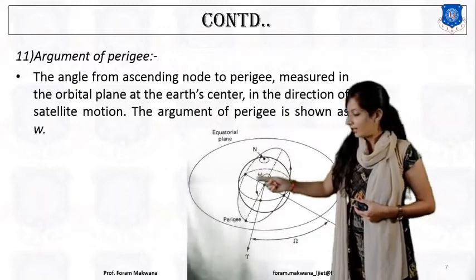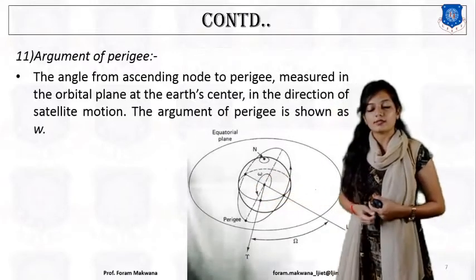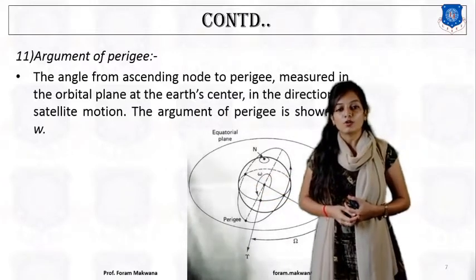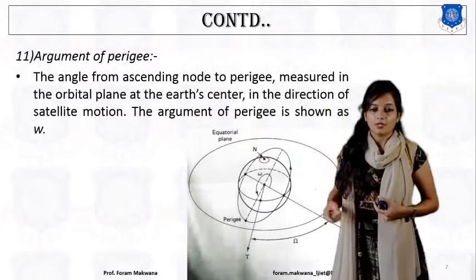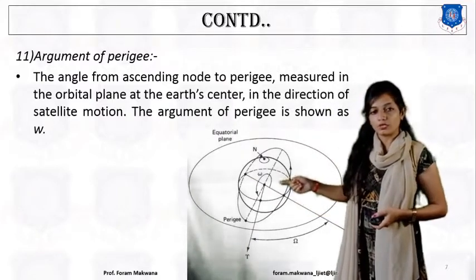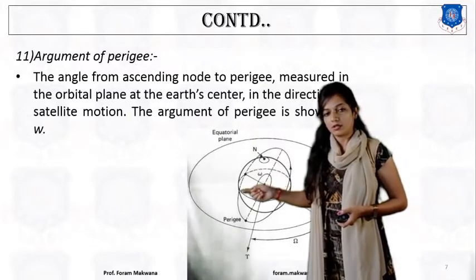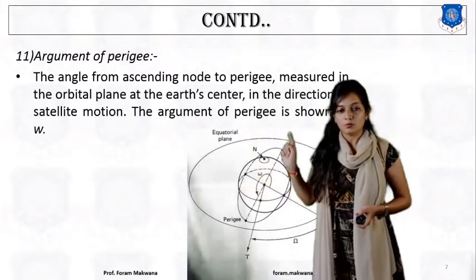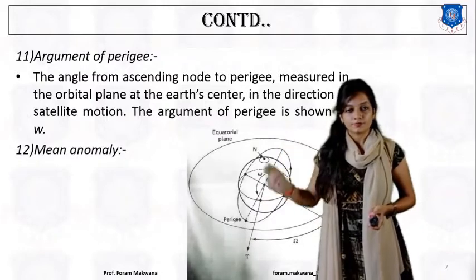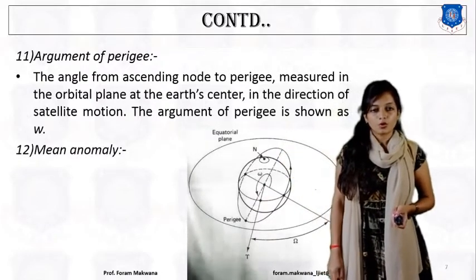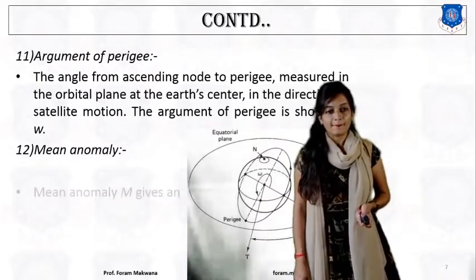So this angle is known as the argument of Perigee, which is shown over here, a small w, or we can say omega.